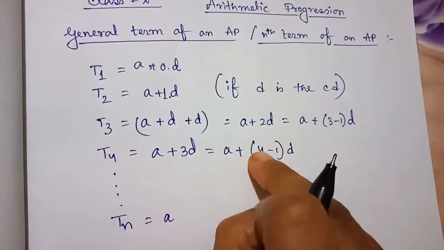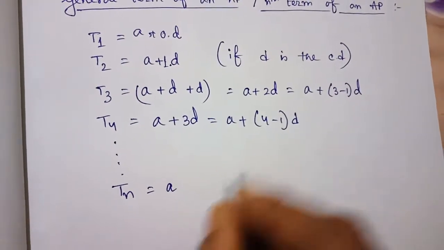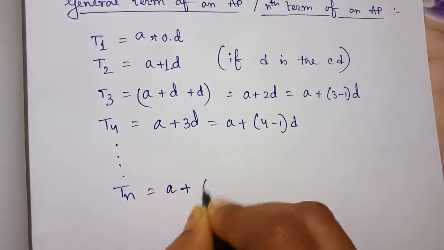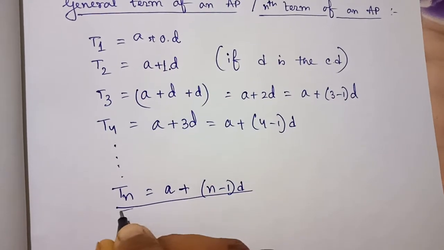That means there is a relation between these two portions. So we can conclude that A plus n minus 1 into D will be the expression for Tn.